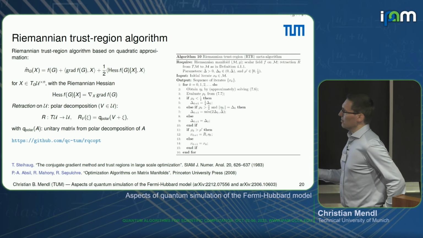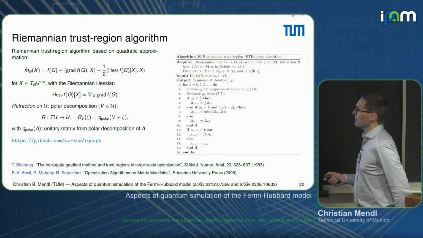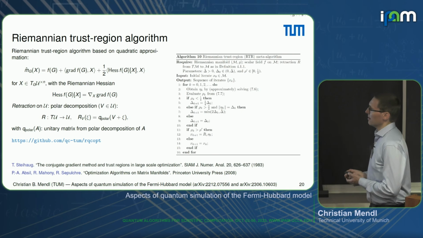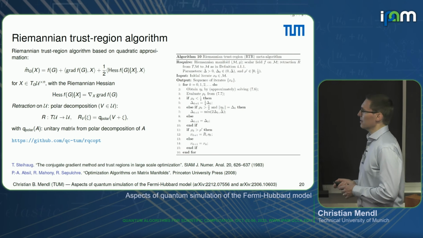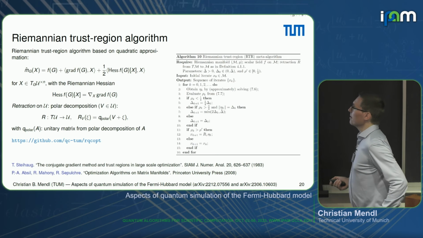And then, okay, you have a second order representation of your target function, and this Riemannian trust region algorithm then basically finds the true minimum of such a function, as if you only had up to quadratic terms. But this is all well established.